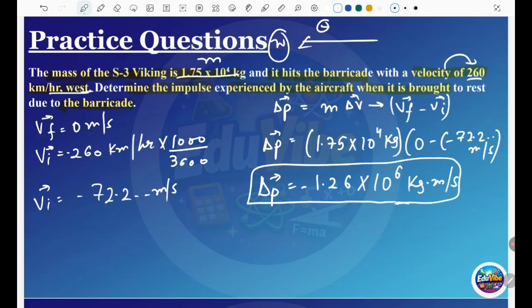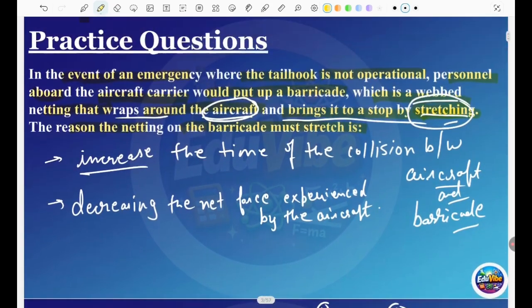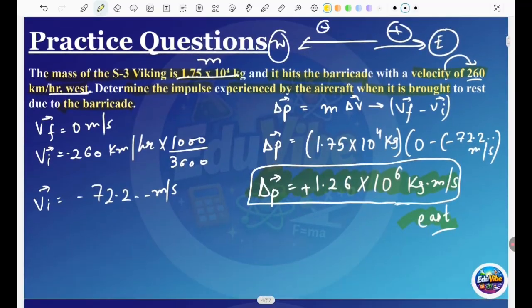You get this in positive, so it is toward the east, since east is positive. So this is your change in momentum, in the east direction. That's how you can calculate the change in impulse. So in one question you get the theory part first, and then the sum to calculate the change in momentum.